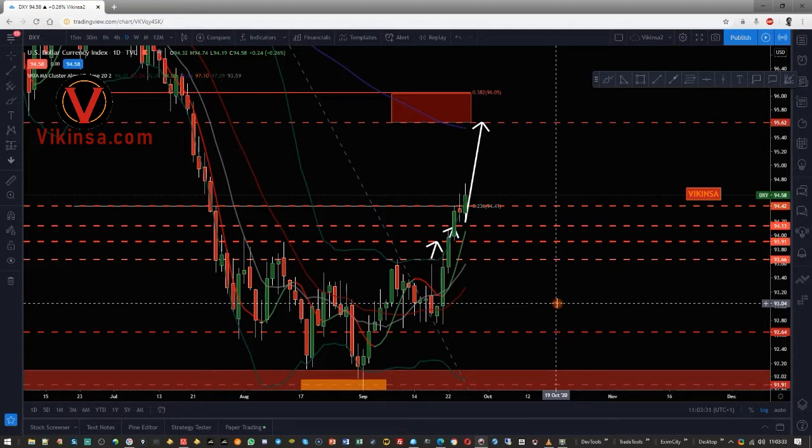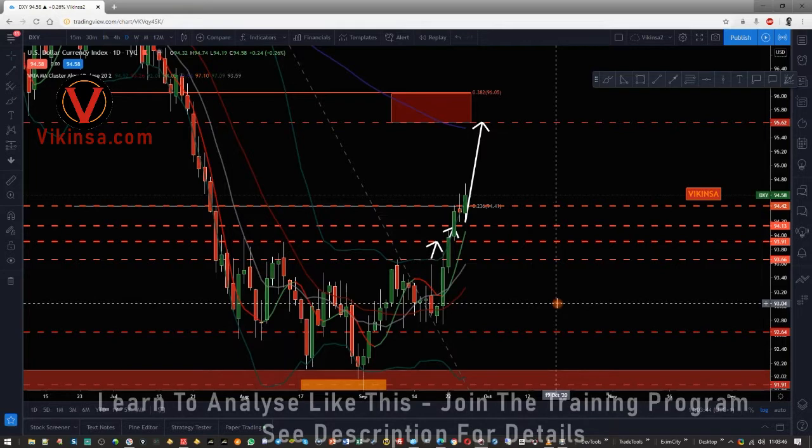So the steps are: you look at the entire structure, the biggest possible structure. You go to the higher time frame, because higher time frames are more important than anything else. Then you start looking for important structure levels, important barriers in the market such as support, resistance, supply, demand, and important Fibonacci levels, because most of our analysis is based on Fibonacci.